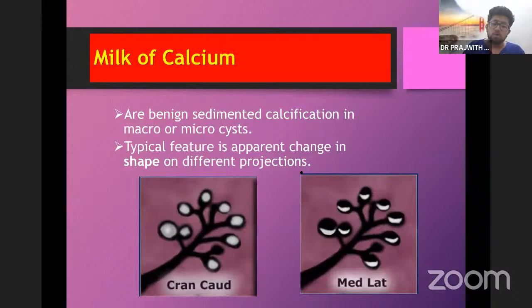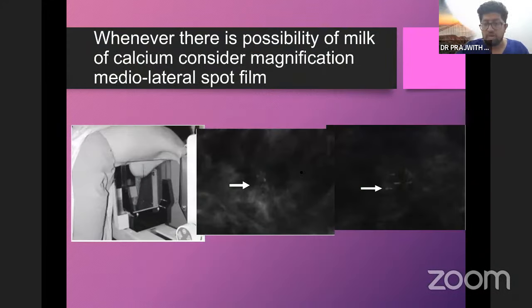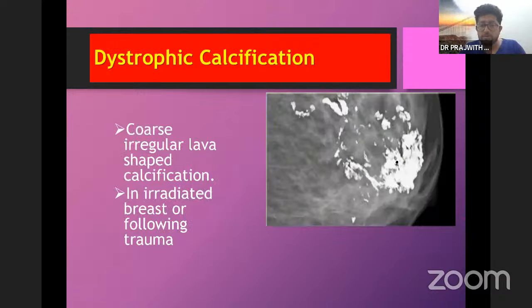So whenever you change the position of the patient, in the mediolateral oblique view where the breast is positioned obliquely, you can see this classical saucer-shaped appearance of the calcification. That is milk of calcium. We can see this saucer-shaped fluid level. Because the calcium is denser, it will deposit down, and the fluid without calcium will be on top. It will have this saucer shape.